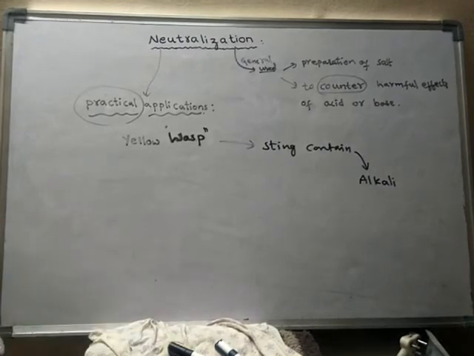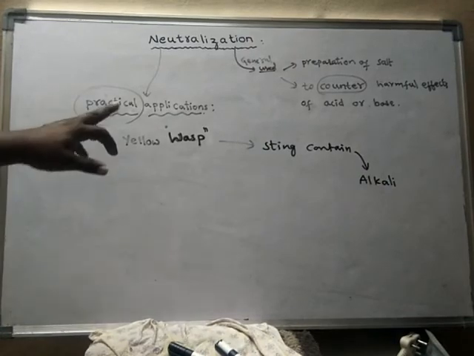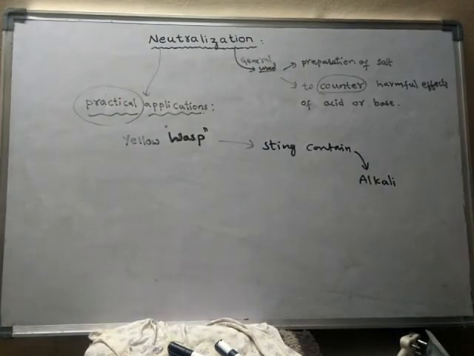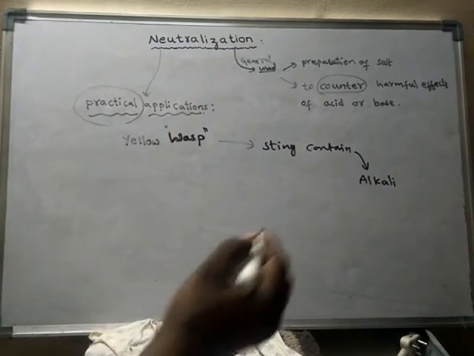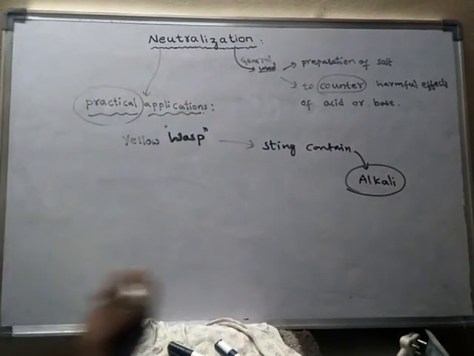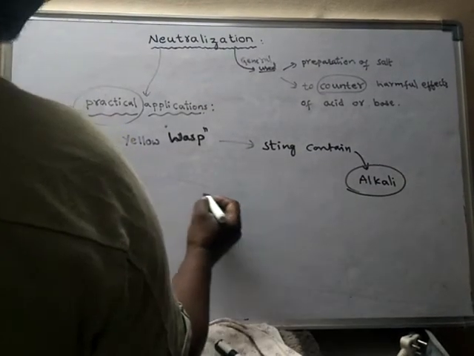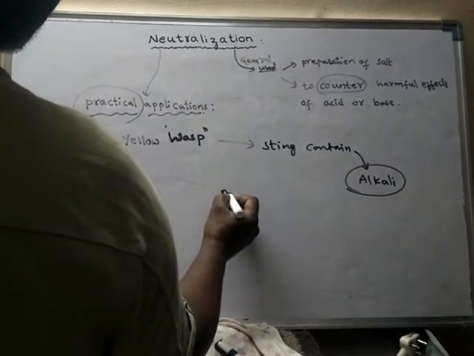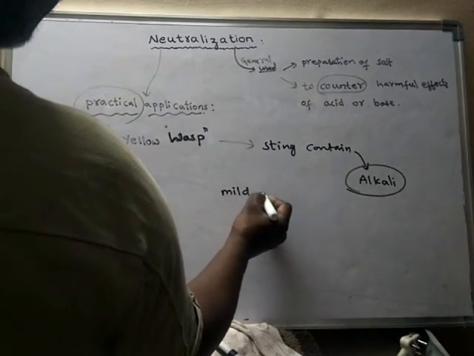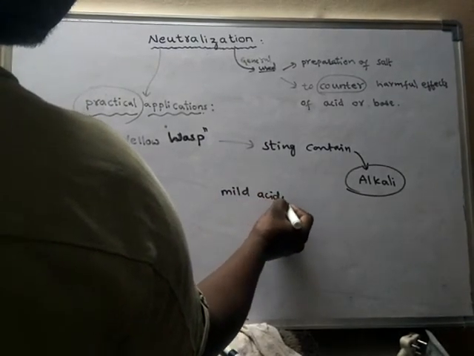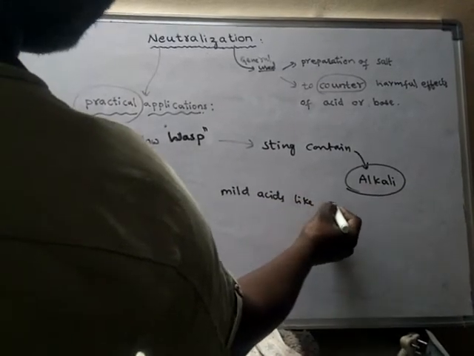So what should we do? Immediately we have to go with the practical application of neutralization. As it is alkali, in order to neutralize the effect of alkali, we have to use some mild acid, like vinegar.